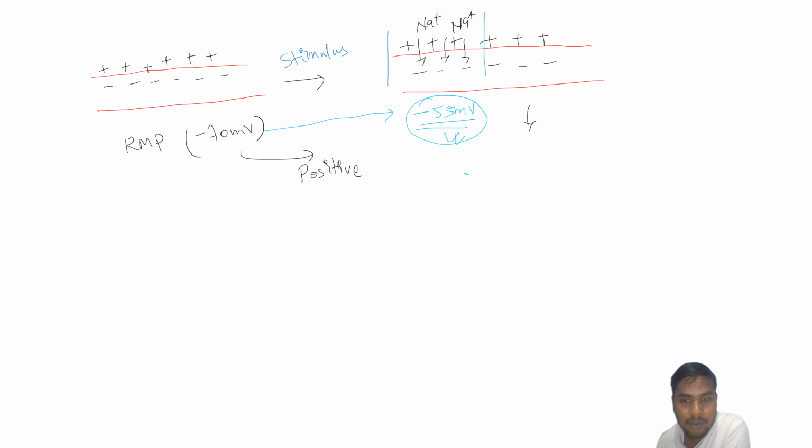So the point is that if a stimulus is strong enough to take the membrane potential from minus 70 millivolt to minus 55 millivolt, then this will lead to opening of the voltage gated sodium and potassium ion channels, right?